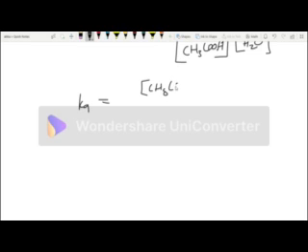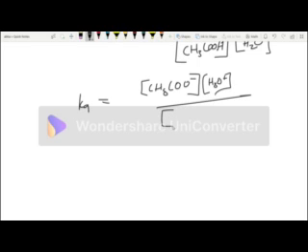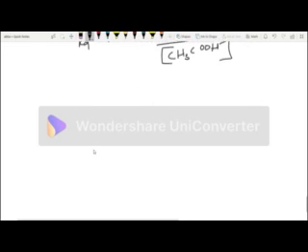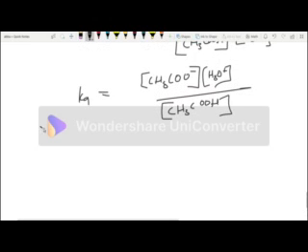CH3COO negative and H3O plus, divided by CH3COOH, something like this. So that is your acid dissociation constant. This is the acid dissociation constant.